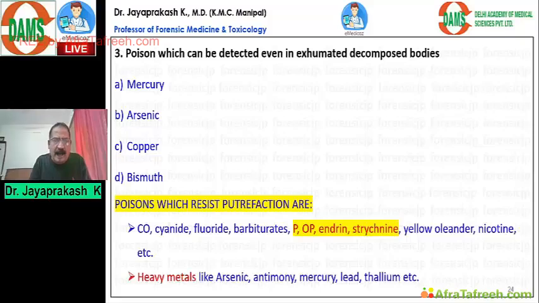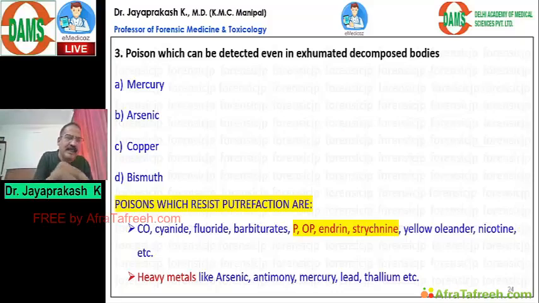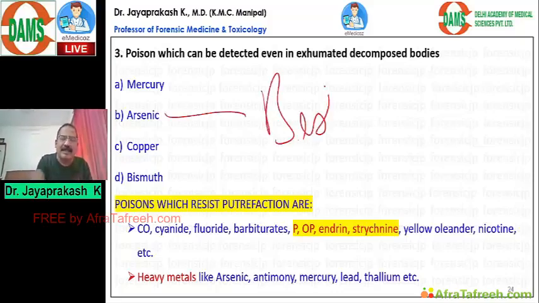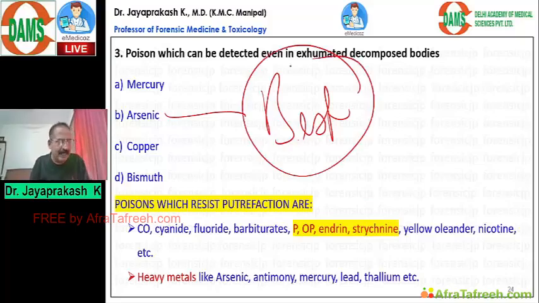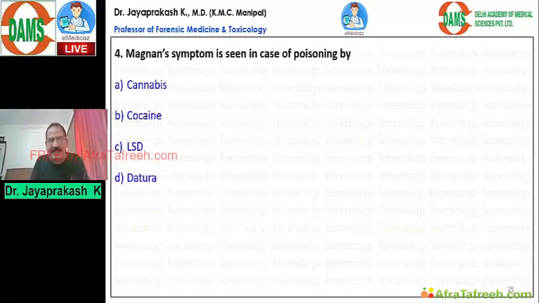And all heavy metals, like arsenic, antimony, mercury, lead, thallium. Mercury is also given in the option, but out of all, the best answer is arsenic. Arsenic is the best. Remember that.